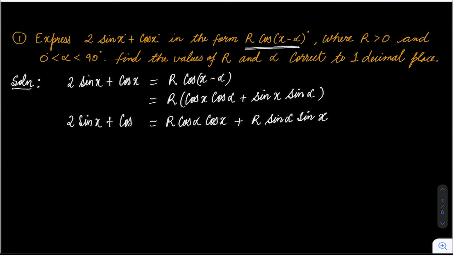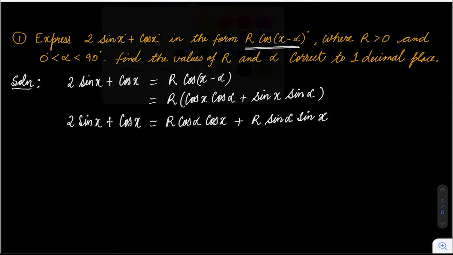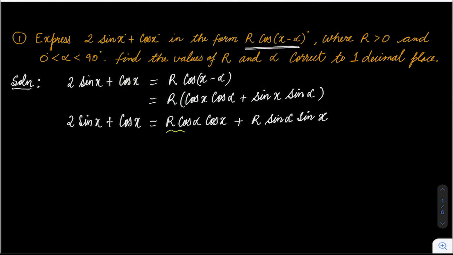If this is equal to this, then by comparing the coefficients, I can say that this cos x coefficient is r cos alpha, and here nothing is written, it means it's 1. And similarly, I can see that sin x coefficient is r sin alpha, and here it is 2.